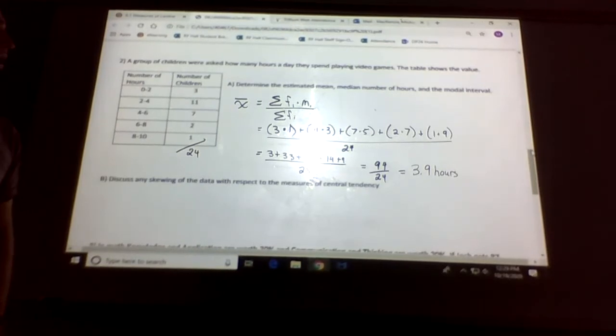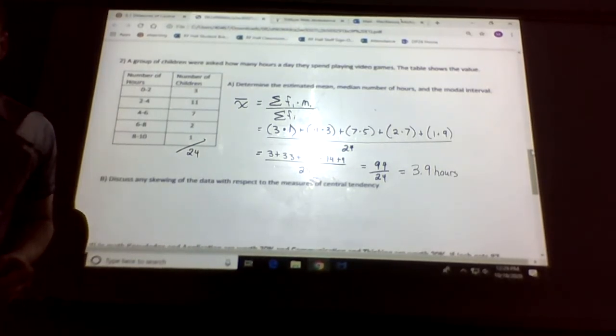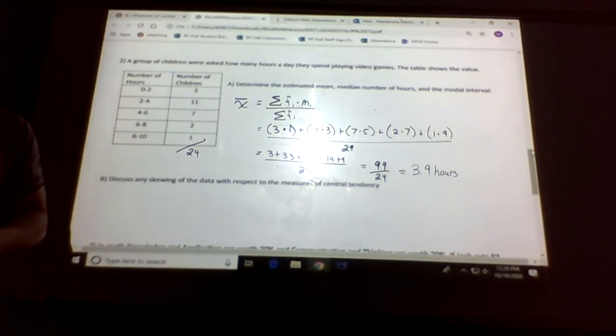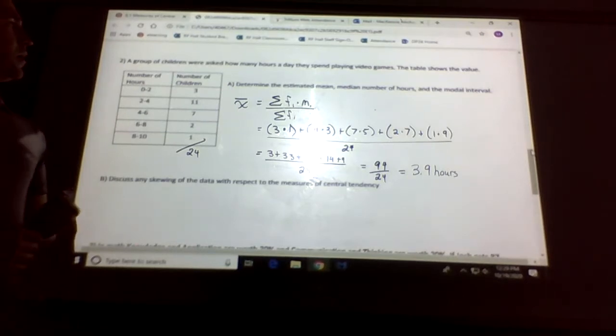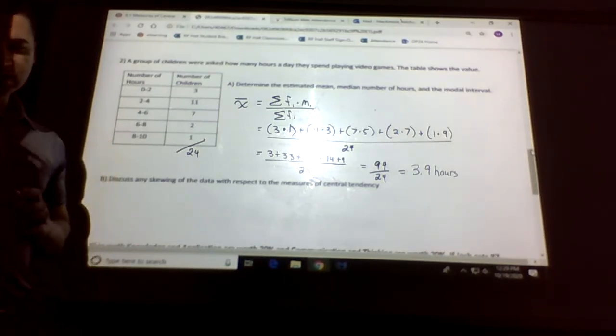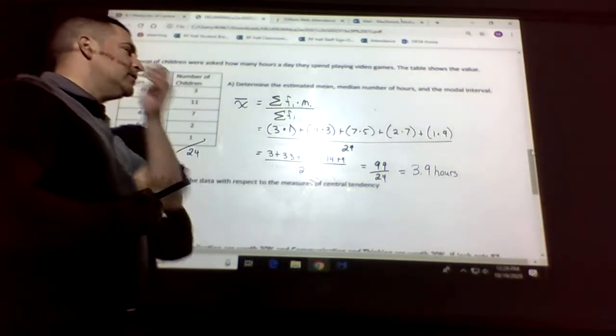Okay, so 3.9 hours, this is just the mean. Now the median: we have to put them in order.